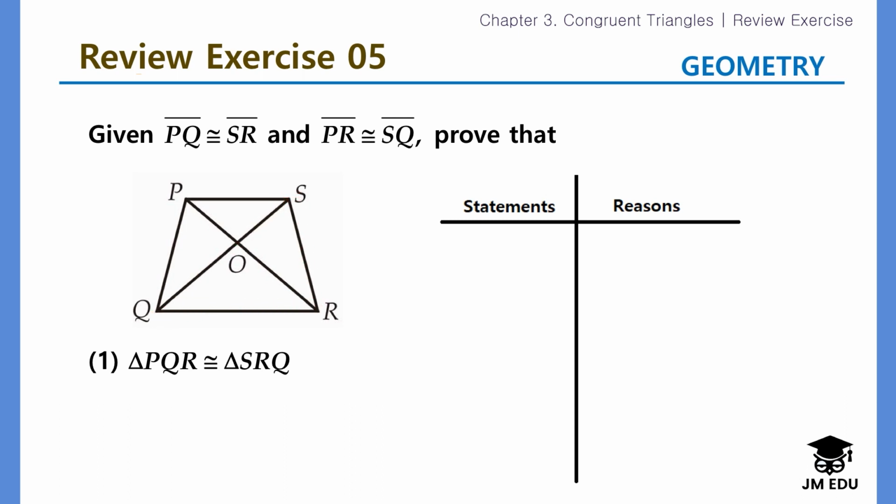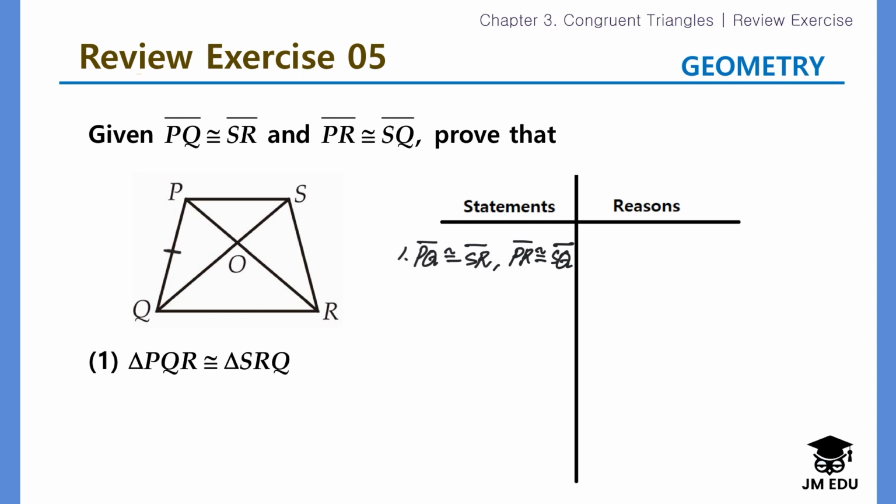And we're going to write two column proofs. Okay, so always start with the given. Number 1, given is PQ is congruent to SR and PR is congruent to SQ, right?